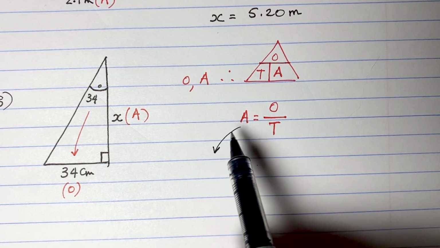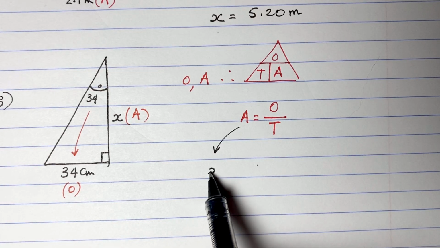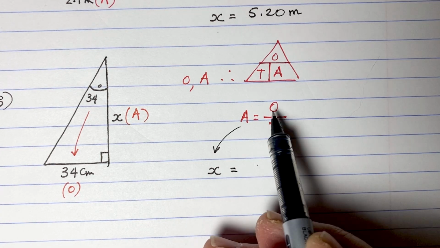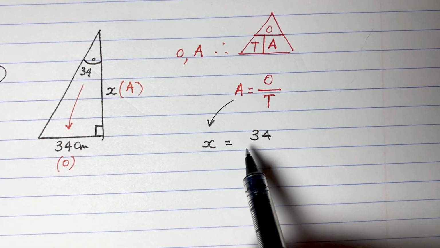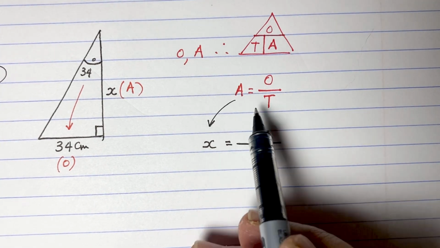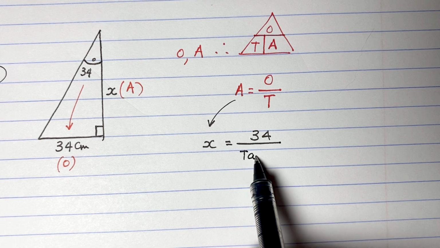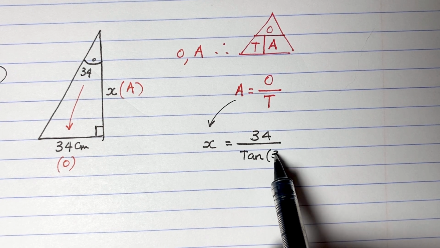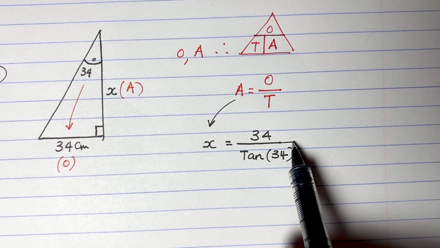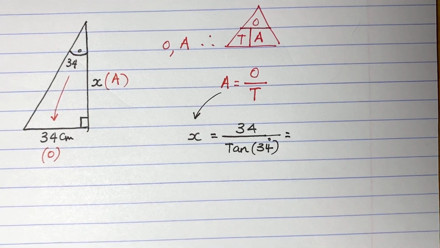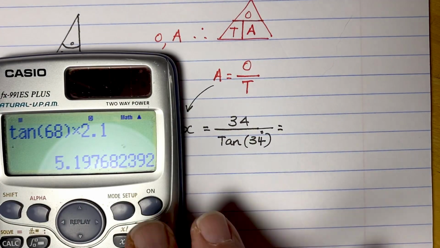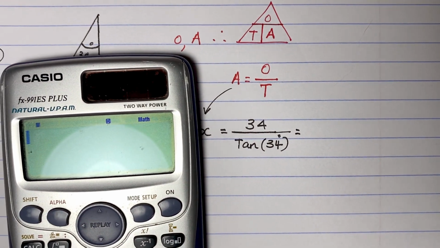Now substitute. A was letter X, my unknown. O was 34 centimeters. Over T represents the tangent or tan of the angle in the question, 34 degrees. It's just coincidence that I use 34 for length and also the angle.